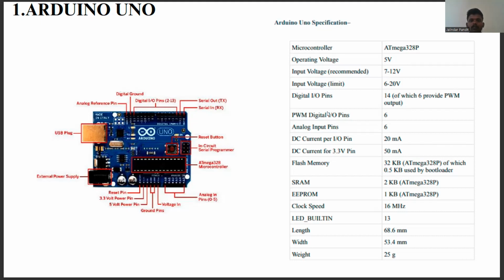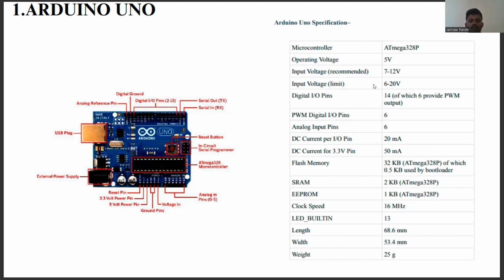So input voltage limit. Input voltage is 7 to 12 volt. This is the recommended input voltage range of the Arduino Uno board.